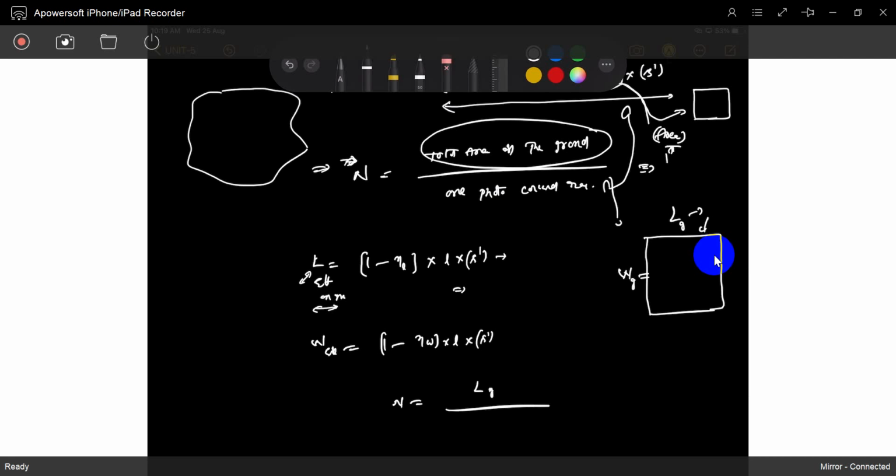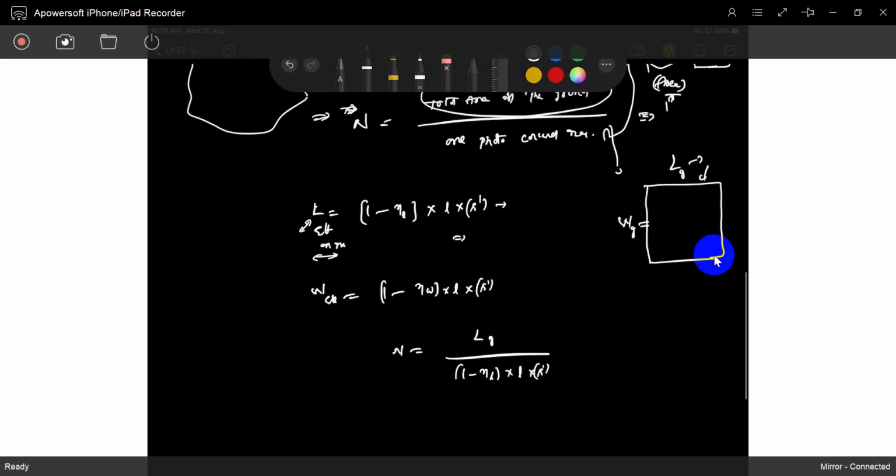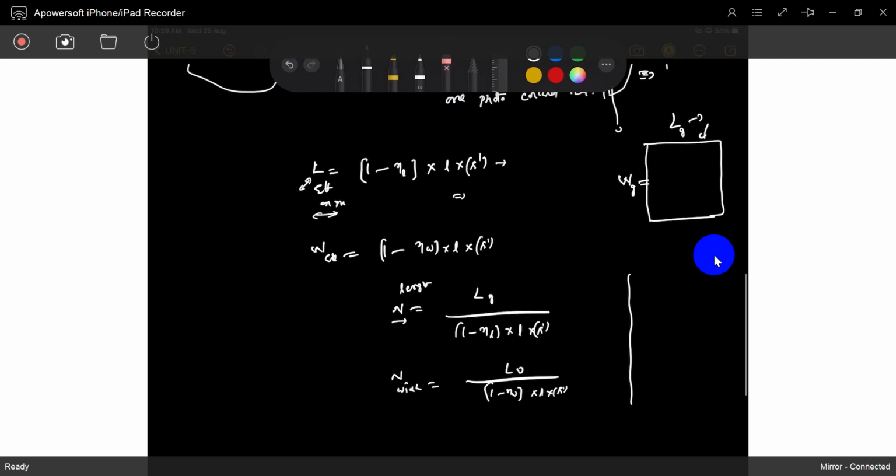Length on the ground divided by this value. Same for the number of photographs covered widthwise. So lengthwise multiplied with widthwise is the total number of photographs. You can calculate like this also.